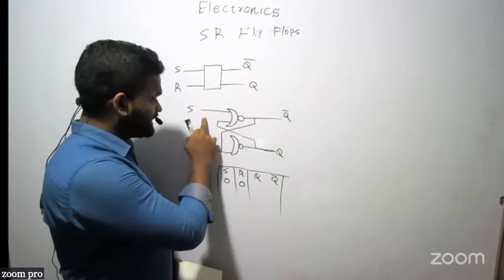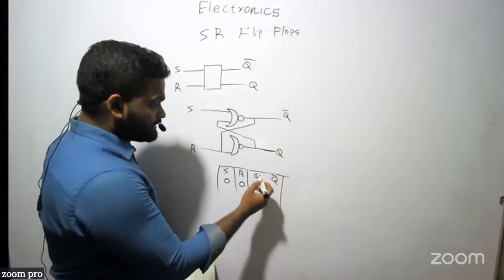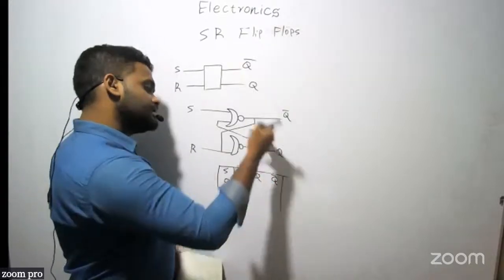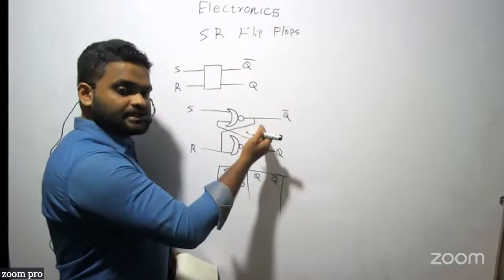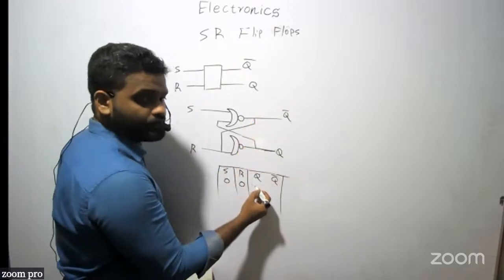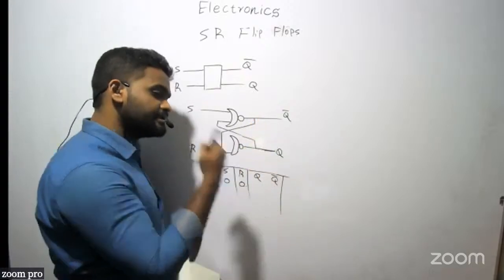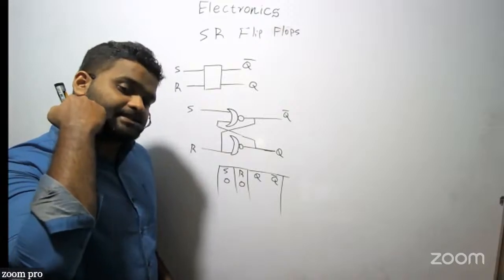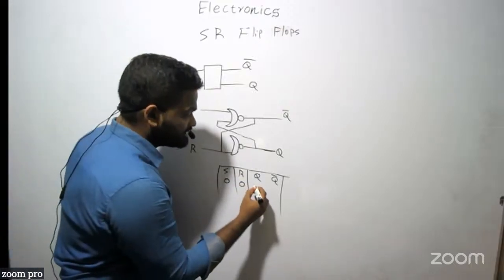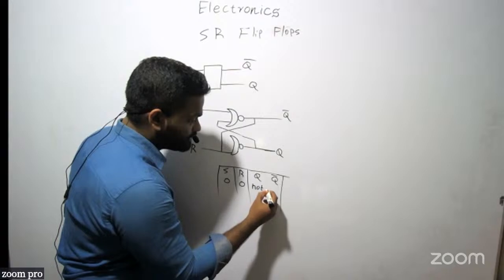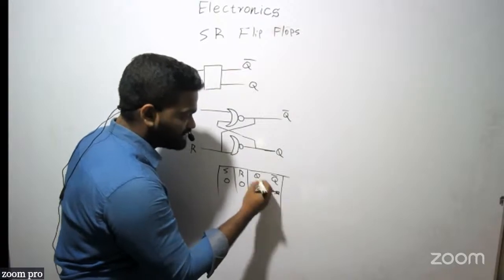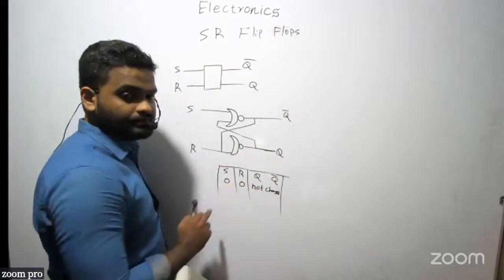Then for Q and Q bar, whatever the output condition was before, you get that value. It could be set or reset. So we can say do not change. The previous state does not change when you get 0, 0 here.